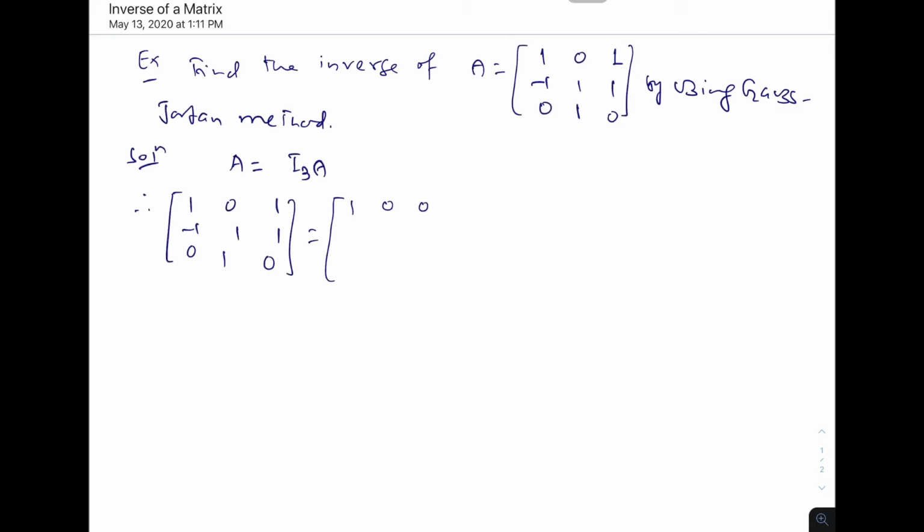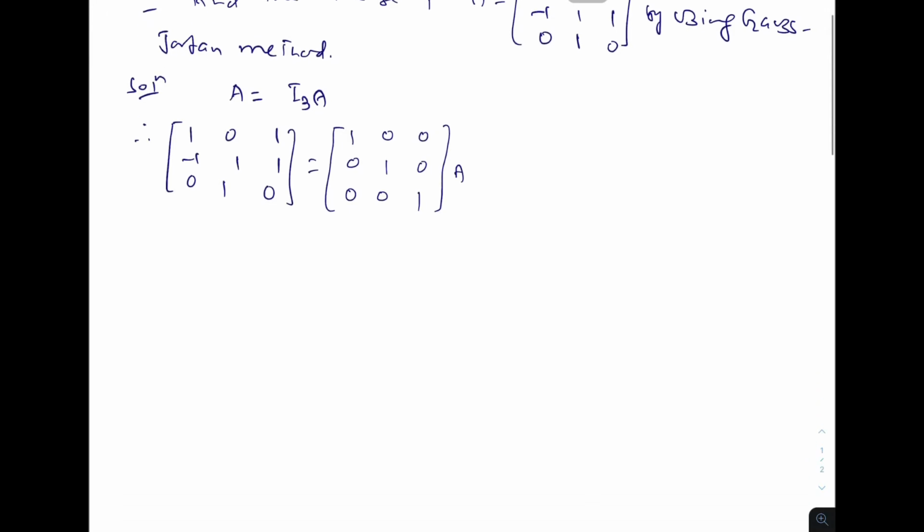So this is 1 0 0, 0 1 0, 0 0 1, A. Now we need to make this matrix as identity matrix.